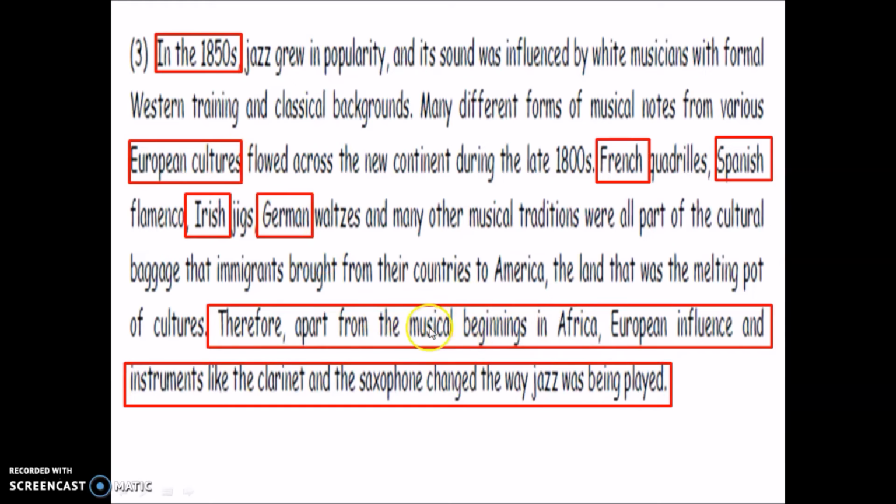So apart from the musical beginnings in Africa, European influence and instruments like clarinet and saxophone changed the way jazz was being played.